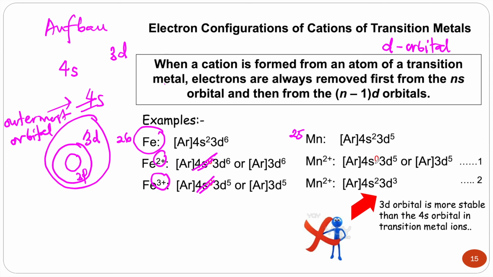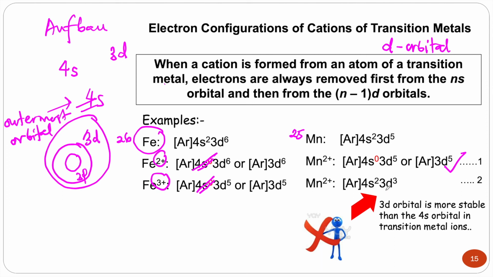So remove the 2 from the 4s, and it will give you Ar 3d5. For manganese 2 plus, the 3d orbital is more stable than the 4s orbital in transition metal ions. So we have 2 kinds of ways to write the electron configuration, the first one and also the second one. This is the correct way to write down the electron configuration.